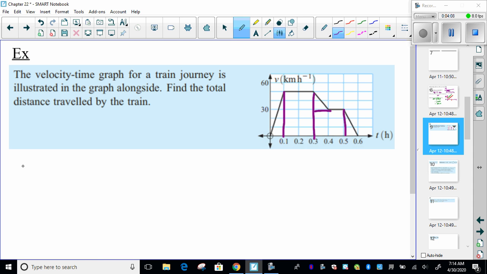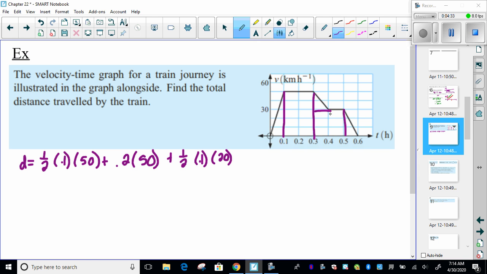So my distance equals this triangle, 1/2 base, which is 0.1, times height, which is 50, plus the area of a rectangle, so the horizontal distance is 0.2, times the height of 50. Plus, we'll do this little triangle up here, 1/2 my base, which is 0.1, times my height, 20. And then this rectangle is 0.2 times 30.